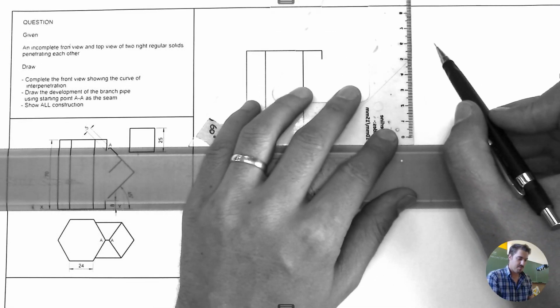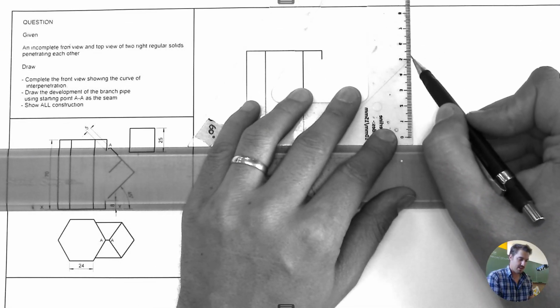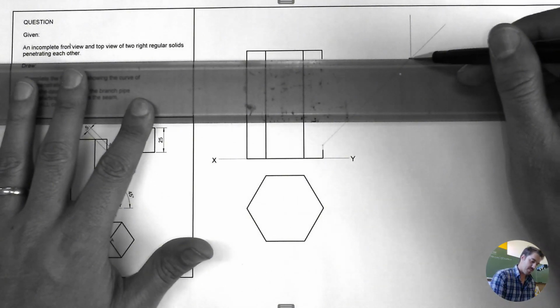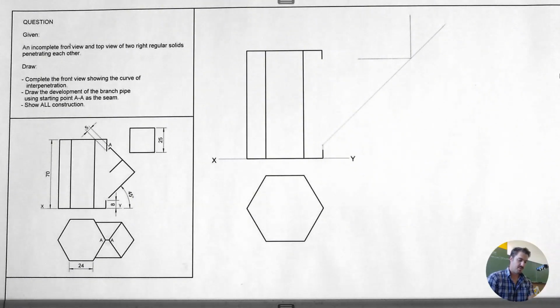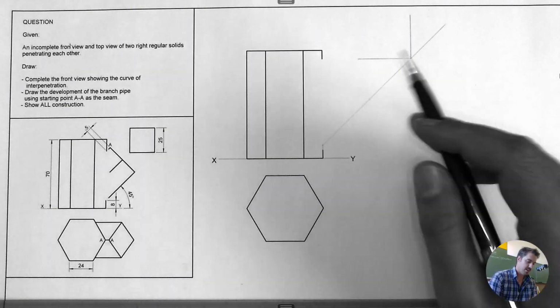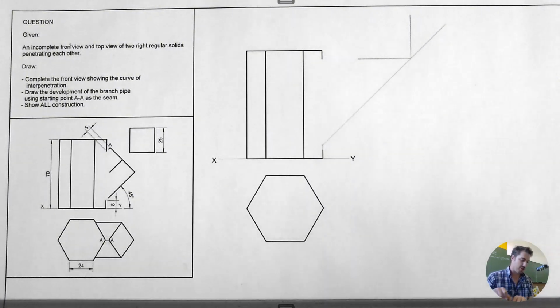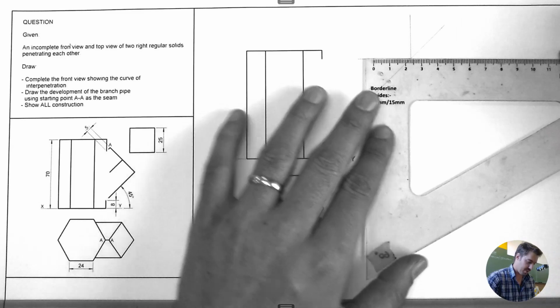Okay, so it should be more than enough here. So in a construction line, I'm going to draw that line there. This might be too far up. It can be lower, just as long as it's not going to intersect your branch pipe there. So this is supposed to be 25.